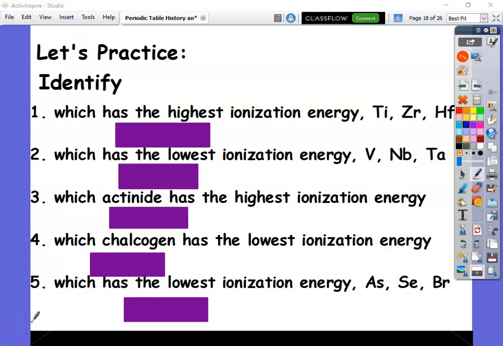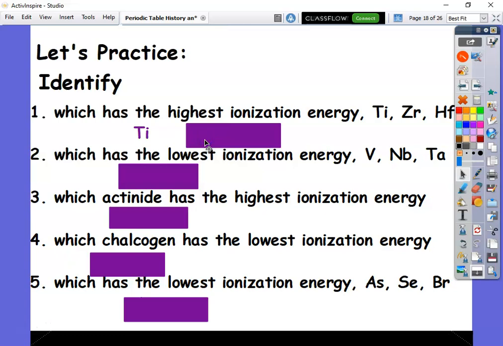Here we go. In our first question, we are comparing titanium, zirconium, and hafnium. If you look at these elements, they are in the same column on the periodic table. So what has the highest ionization energy? Meaning, of those three, for which type of atom is it going to take the most energy to remove an electron? The answer here is titanium atoms.